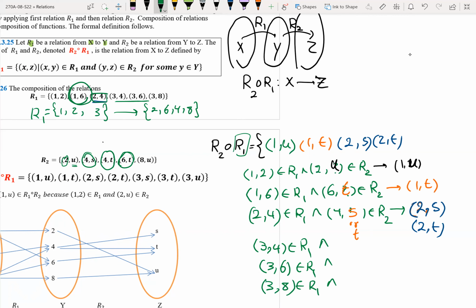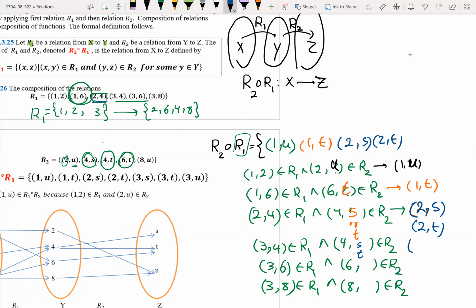Okay, so then you have to look for what 4 is transferred to with the relation number 2, what 6 is transferred to with the relation number 2, and what 8 is transferred to with the relation number 2. Okay. In relation number 2, 4 transfers 2 times to the S and T. So then you have to have S or T.